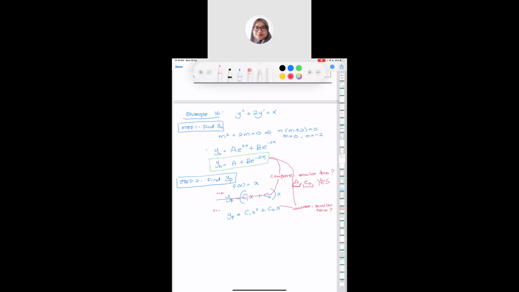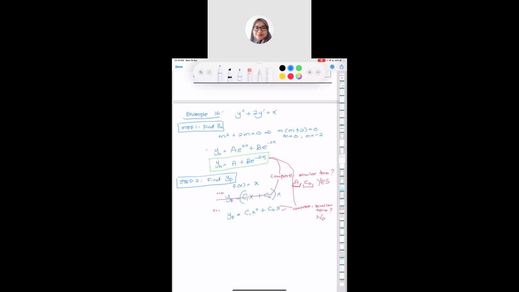Okay, so untuk case kat sini, you tengok kita ada X squared, kat YH tak ada X squared. Okay, and then dekat YP ada X, dekat YH dah tak ada term X. Okay, so we don't have the similar term. Means that we can use this YP. Okay, so kena compare lagi sebab kadang-kadang ada soalan yang dua kali dia punya similar term. Okay, maksudnya you kena guna R sama dengan 2 atau R sama dengan 3. Kena compare. Okay, so dah confirm tak ada similar term.